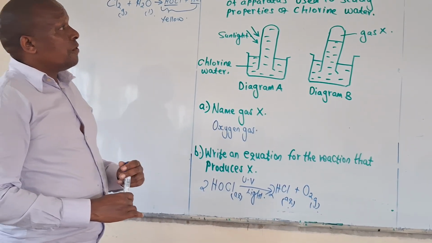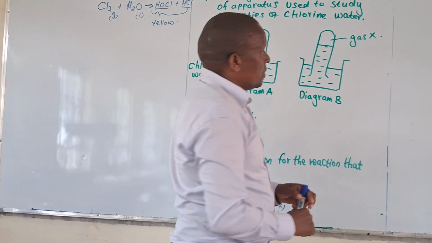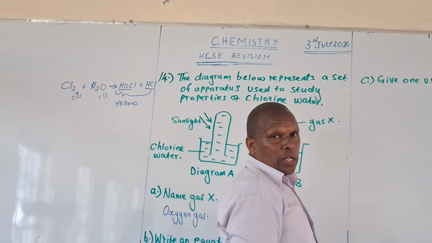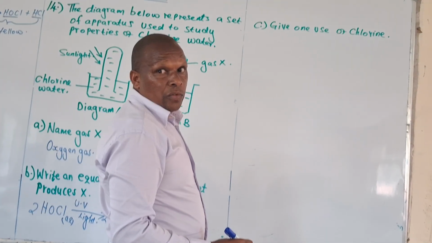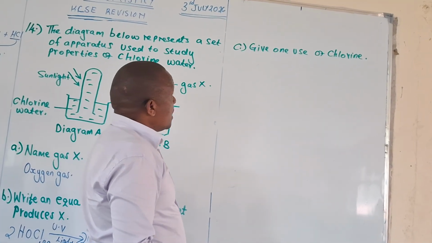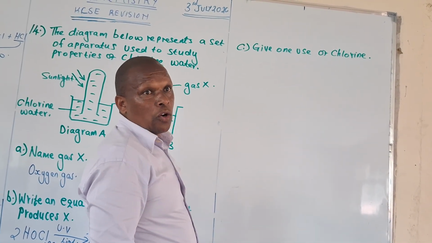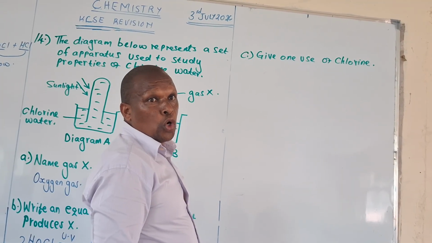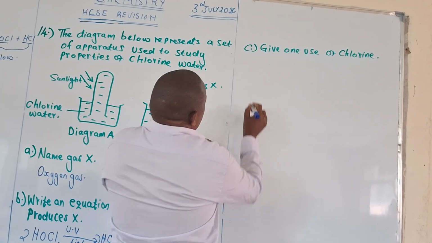Then you are told, give one use of chlorine. We have several uses of chlorine. One of the uses of chlorine is treatment of water, what you usually call chlorination of water. Okay?